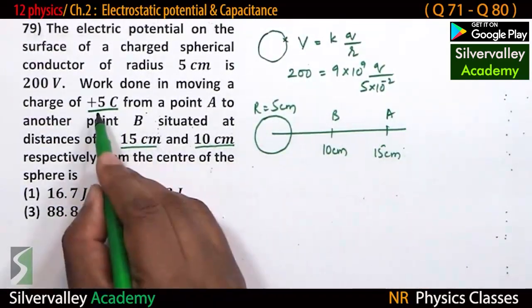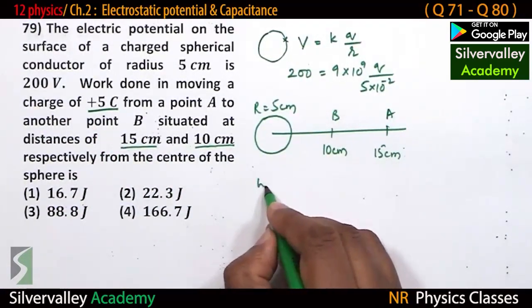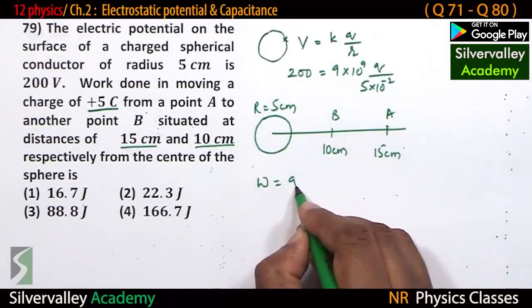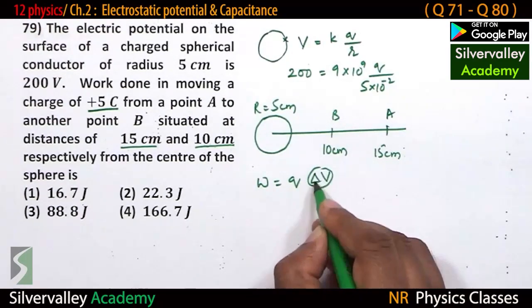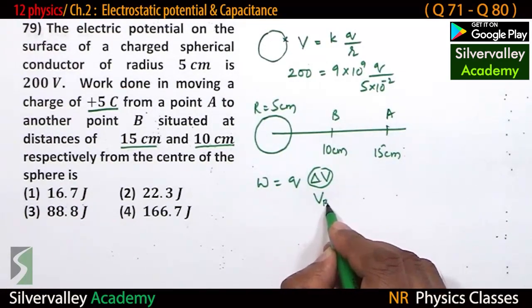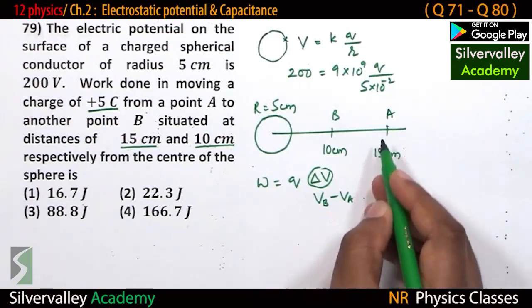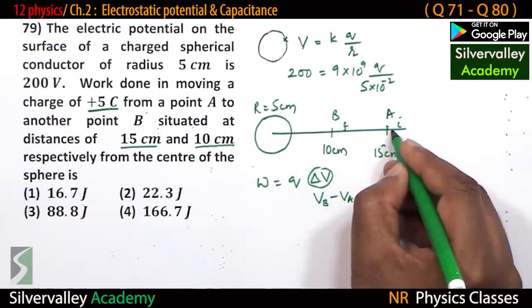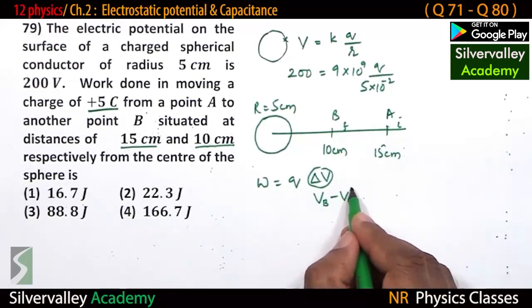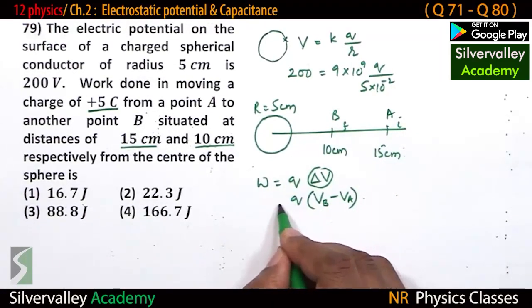So work done in moving this charge equals charge times potential difference. This potential difference is VB minus VA. This is the initial position and this is the final position. So final minus initial, VB minus VA, times charge.